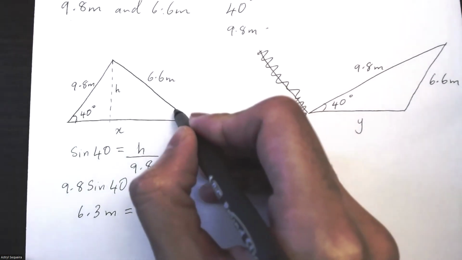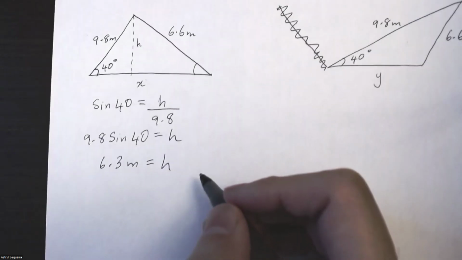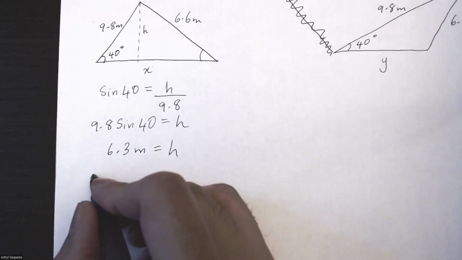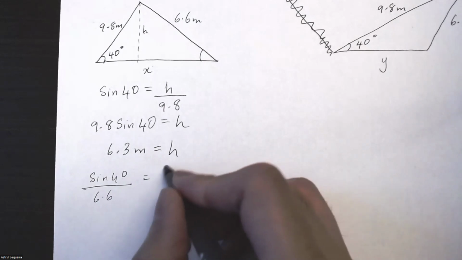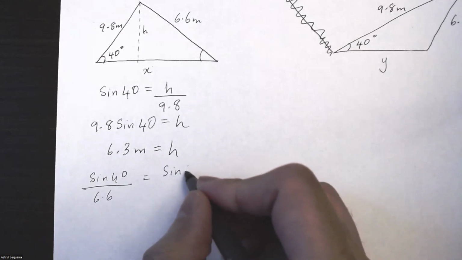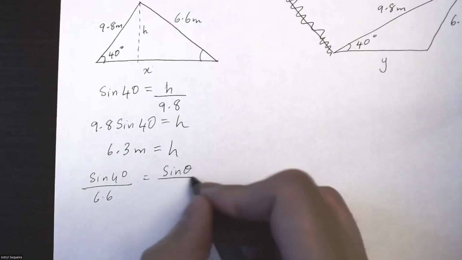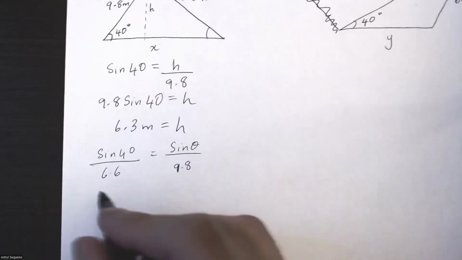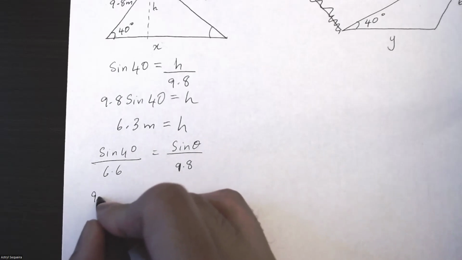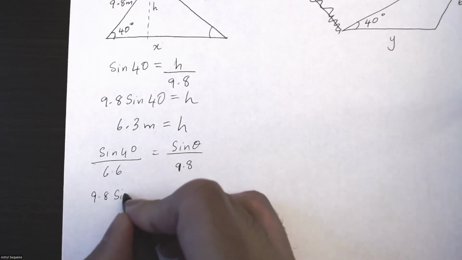I'm going to start by finding this angle here by using my sine law. So sine 40 over 6.6 equals sine theta over 9.8. And then I'll cross multiply the 9.8 over.